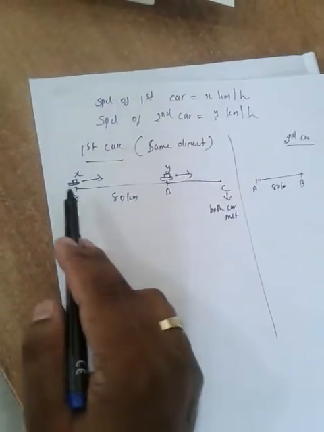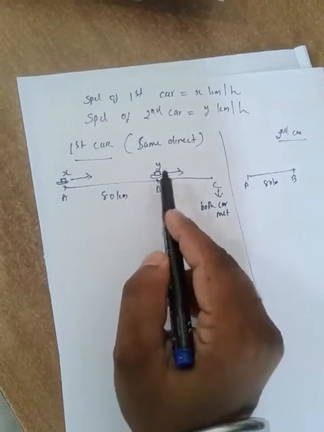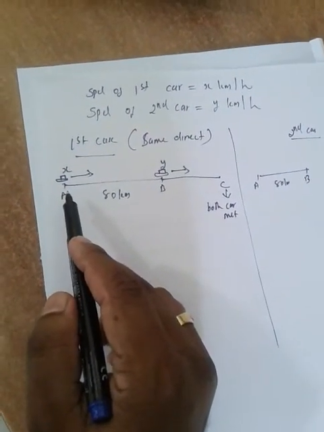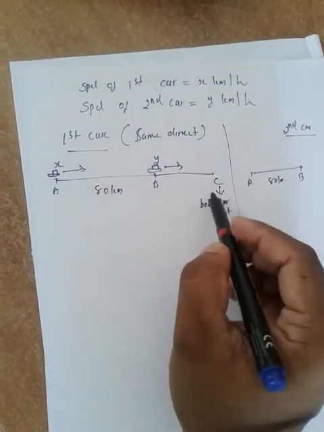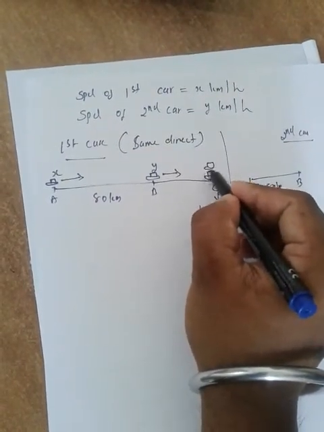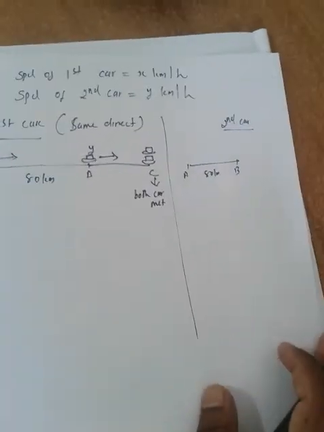You know practically it is very trivial. It has to increase the speed. And suppose when it reaches C, both cars meet each other. Are you following me? At C. Any problem? No.